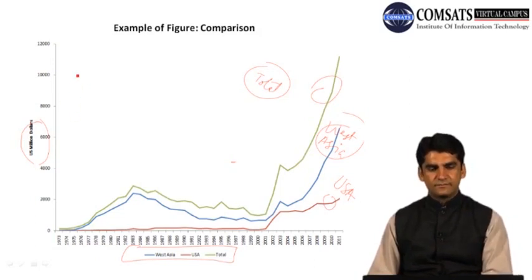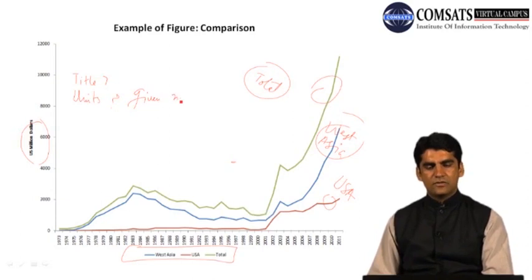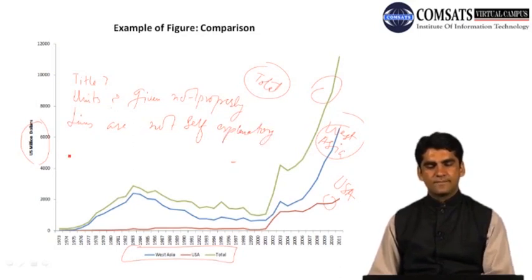Number one, title. Number two, units given but not properly. Lines are not self-explanatory. Source or sources missing.